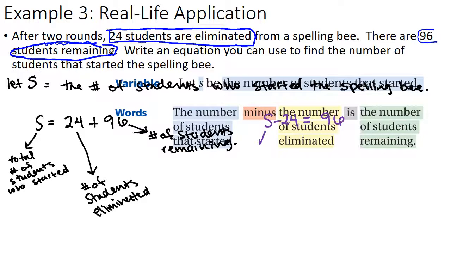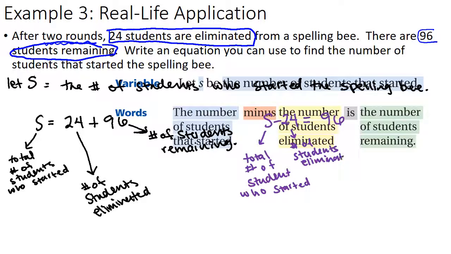And we can say that because that is the total number of students who started the spelling bee minus the 24, which is the number of students eliminated, should be equal to the number of students who remain.